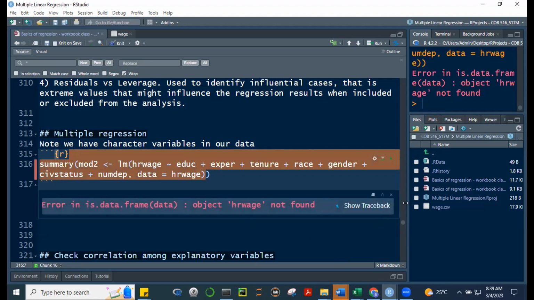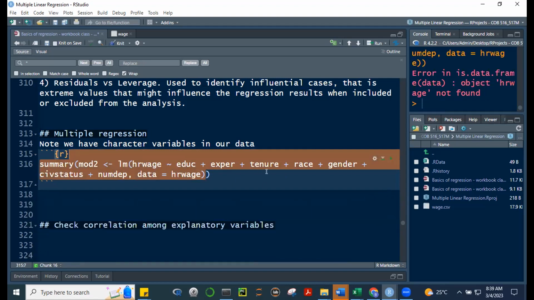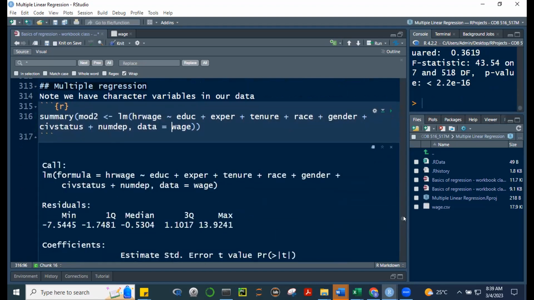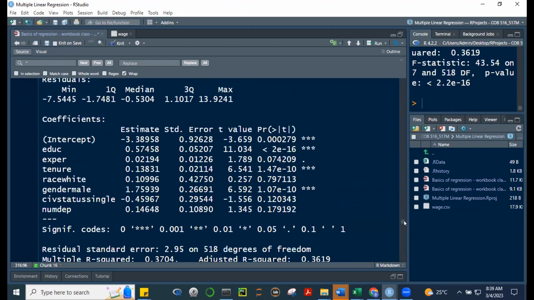Hourly wage. Ay, mali yung data ko. Yung hourly wage. Okay, here we go. All right. So kindly chat, please, if you were able to generate the model. Okay, thank you, Alvin. Let's wait for the others.